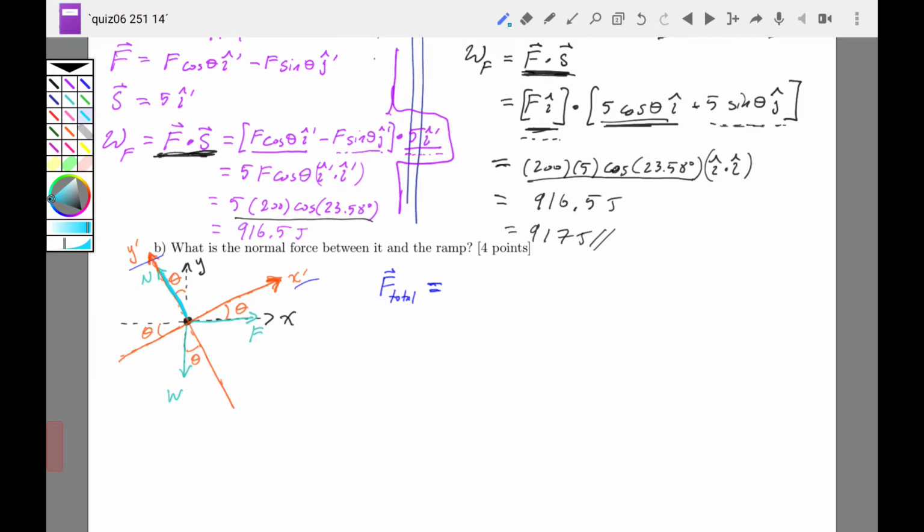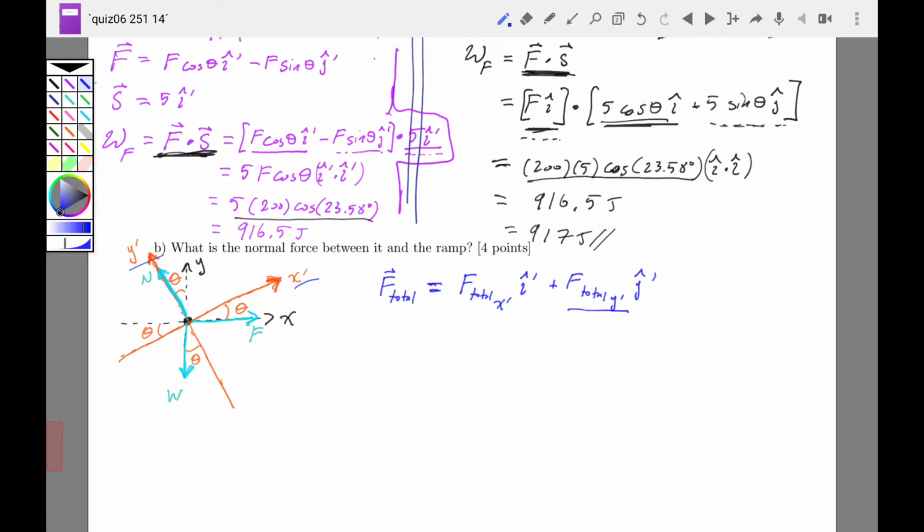So why do I want to use that coordinate system? For one main reason. The total force is going to have two components: F total in the x prime direction, i hat prime, and F total in the y prime direction, j hat prime.